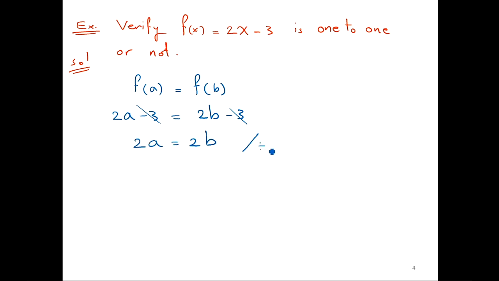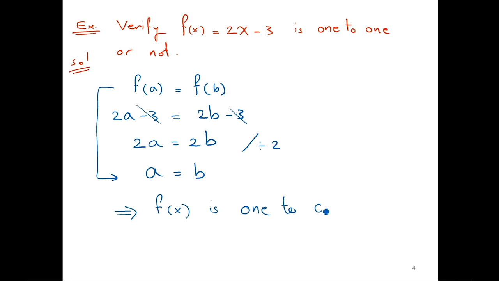Also, we can divide both sides by 2. So we have A equal B. If we start with f(A) equal f(B) and end by showing that A equal B, then f of x is a one-to-one function. Okay, any question?